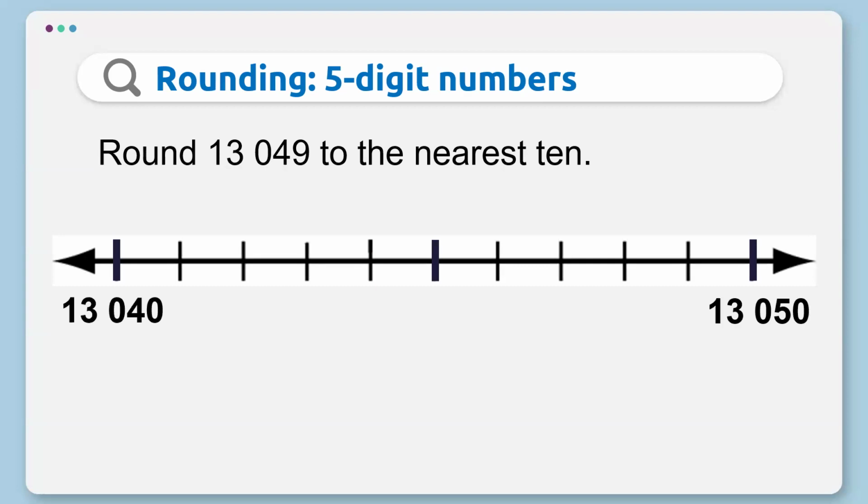It is 13,040 and 13,050. The number we are looking at is where this red cross is, and it is closer to 13,050. This means that when I round 13,049 to the nearest 10, my answer is 13,050.